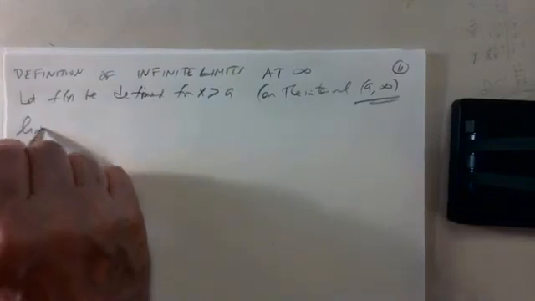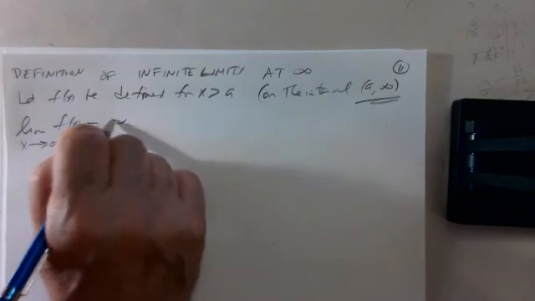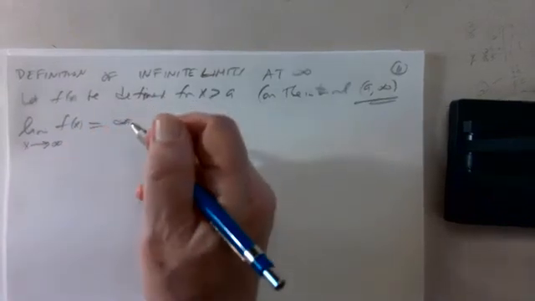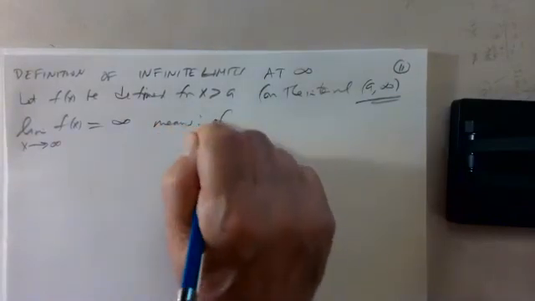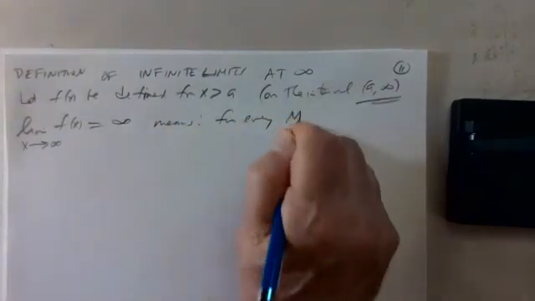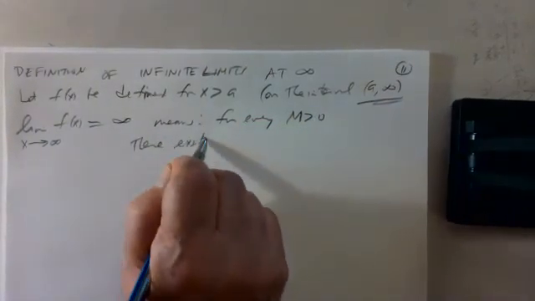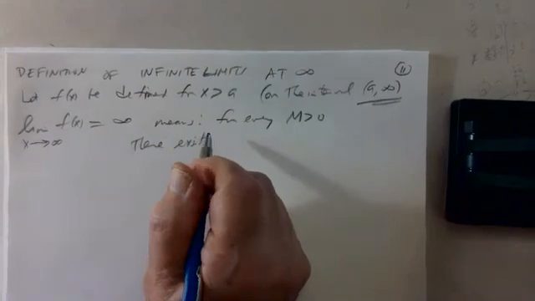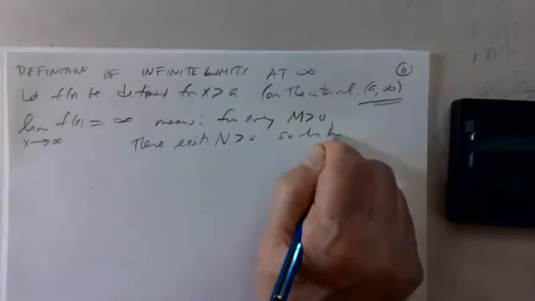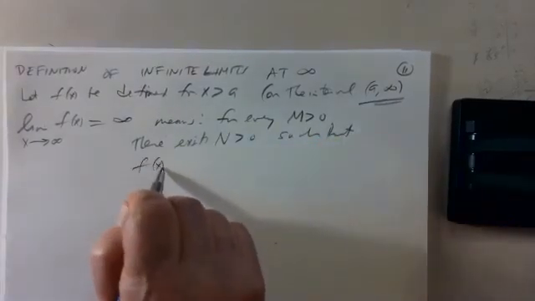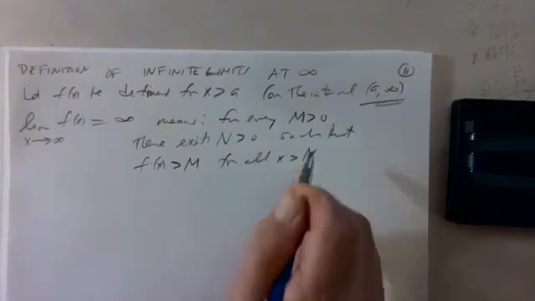So to say that the limit of f of x as x goes to infinity is equal to infinity means the following. For every m greater than 0, no matter how big, there exists a number n greater than 0, such that f of x is greater than m for all x greater than n.